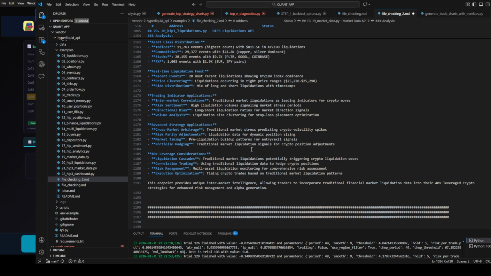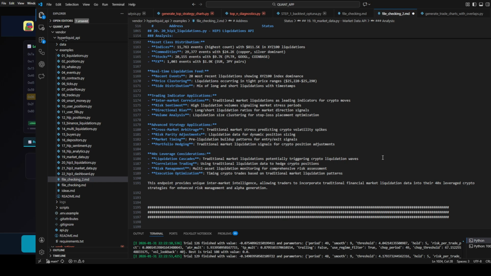So 40x leverage trading considerations: liquidation cascades, traditional market liquidations potentially trigger crypto liquidation waves. Correlation trading, using traditional liquidation data to hedge crypto positions. Risk management, multi-asset liquidation monitoring for comprehensive risk assessment.